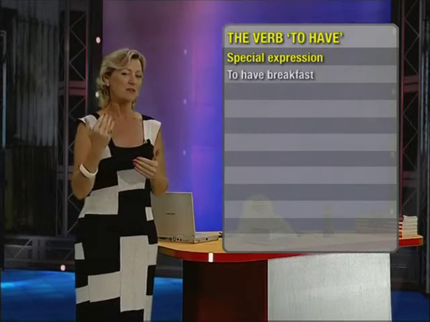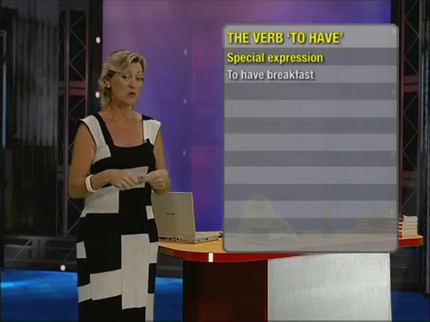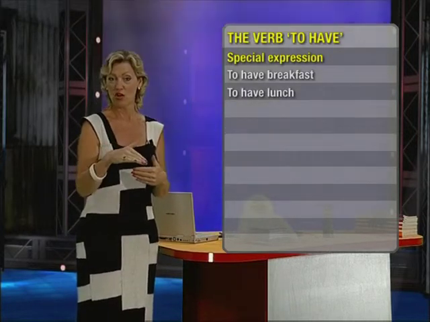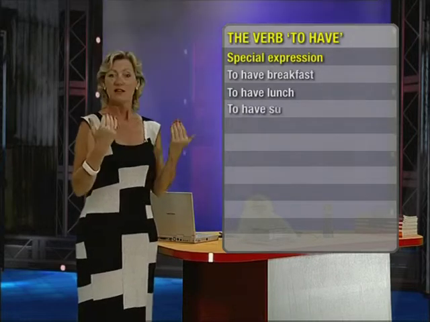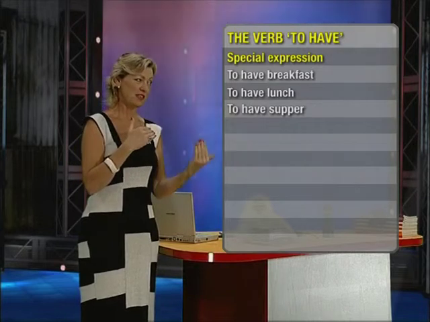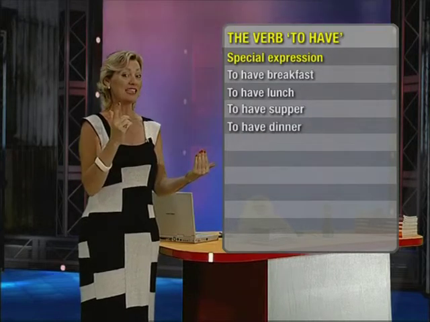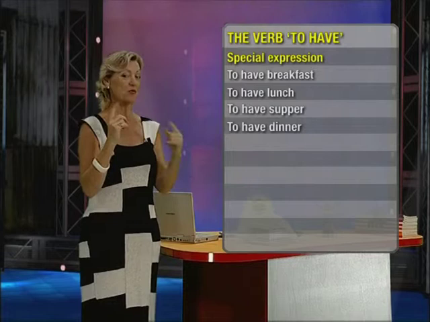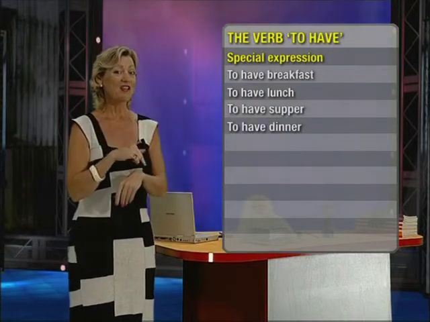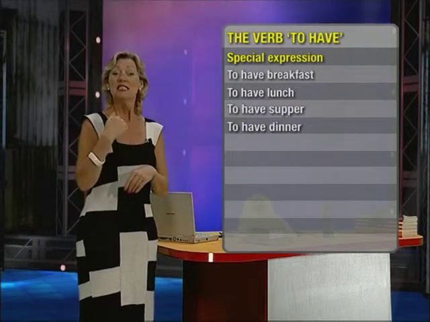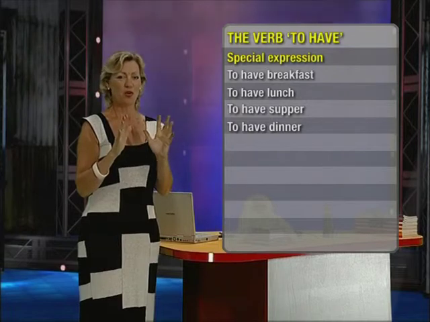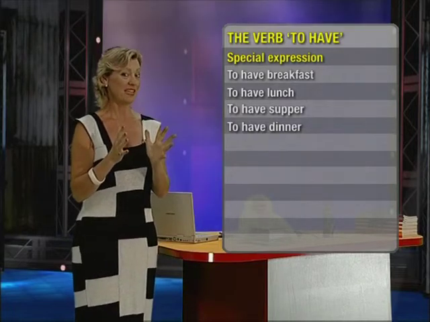We say to have breakfast, breakfast in the morning, to have lunch, 1 o'clock, and to have supper. So to have breakfast, to have lunch, to have dinner. Now dinner is what time? Dinner and supper, what's the difference? Dinner at 8 o'clock in the evening. Supper is something we have at about 10:30 or 11 o'clock at night.